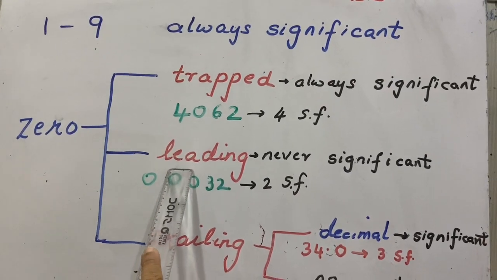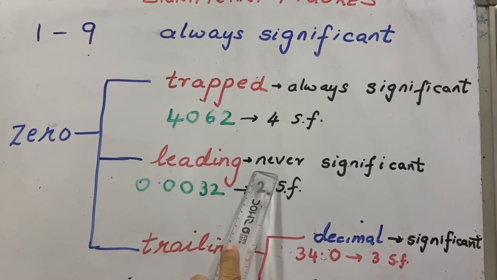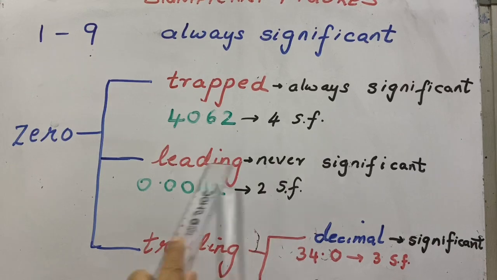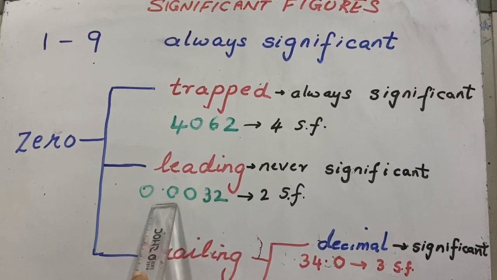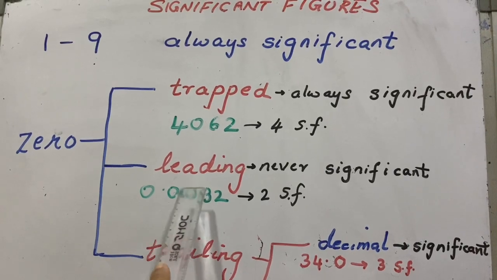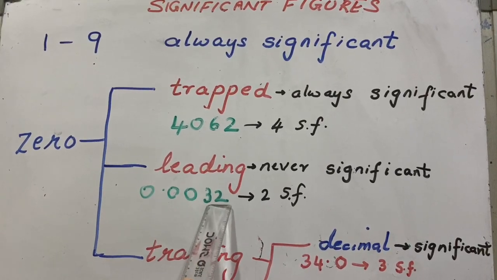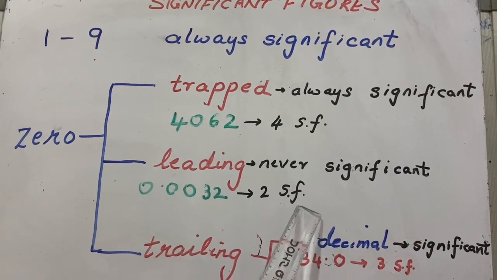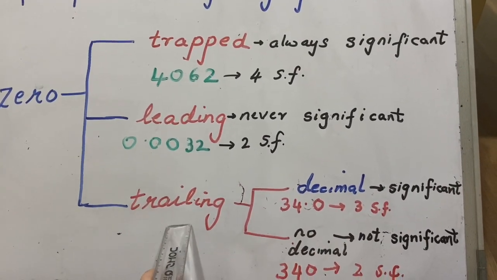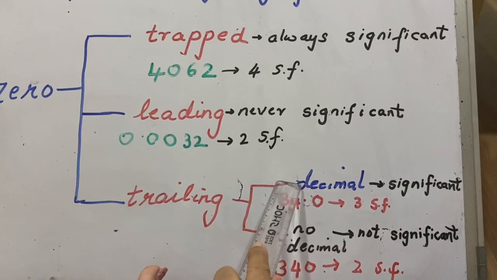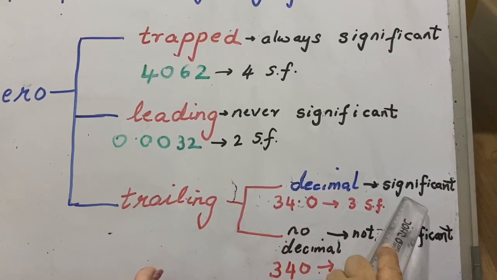Leading 0. A leading 0 is never significant. So 0.0032. These zeros are leading zeros. So they are never significant. So here there will be only 2 SF. The next is the trailing 0. A trailing 0, if it is with a decimal, is always significant.